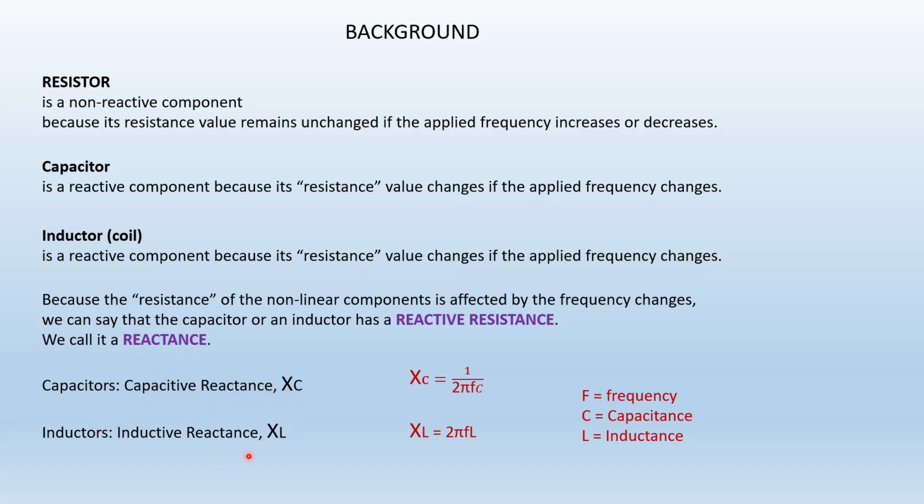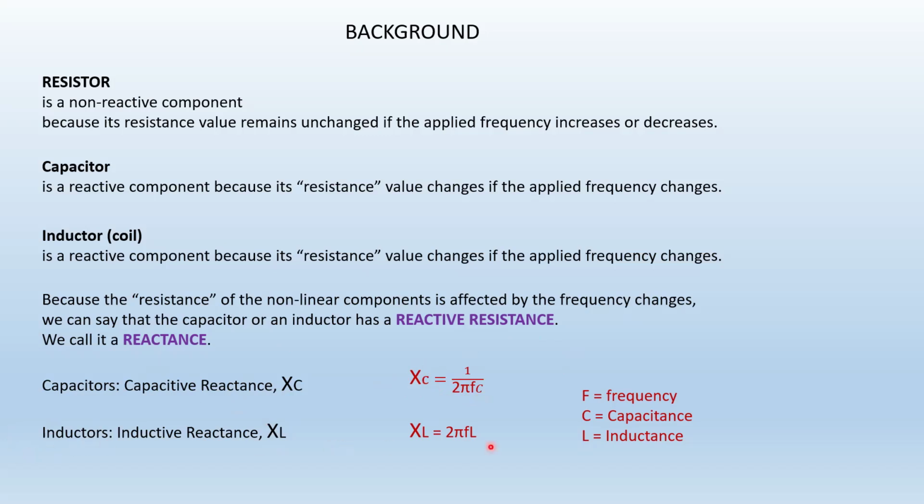For the inductors, it's inductive reactance, and it's designated as XL. All right. The formula for the capacitor is 1 over 2 pi times the frequency in hertz times the capacitance of the capacitor in farads. And this is expressed in ohms, just like resistance is expressed in ohms.